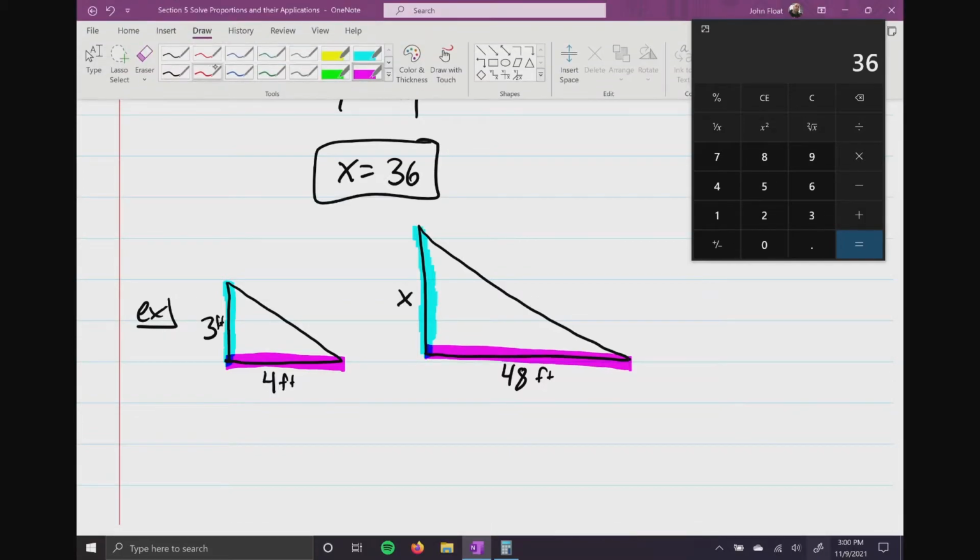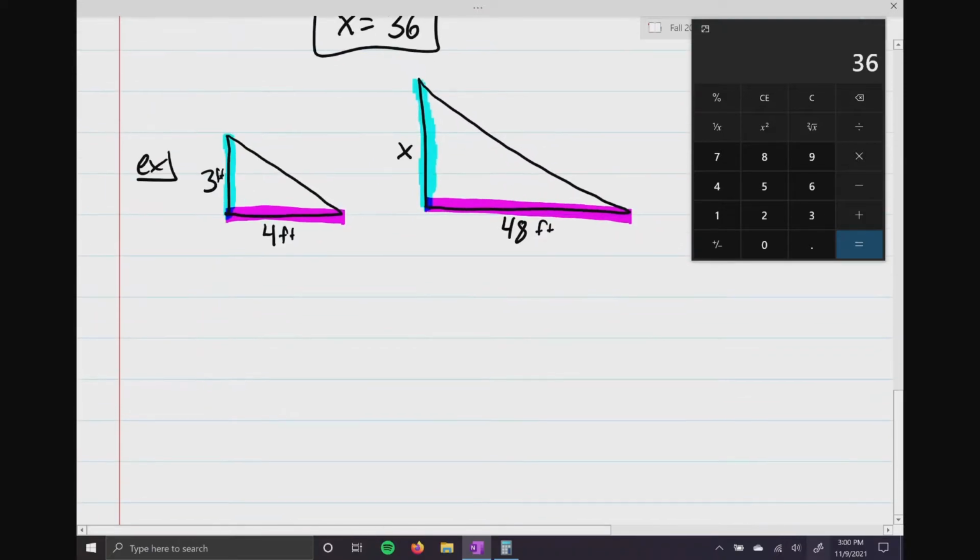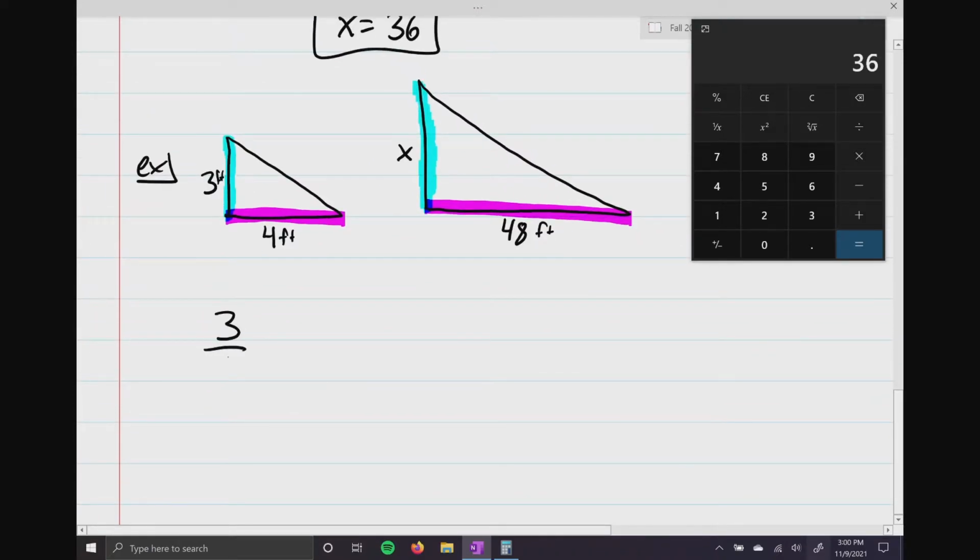So what I can do here is set up a proportion as 3 over 4 equals x over 48. And now I can cross multiply. So I get 3 times 48 equals 4 times x.